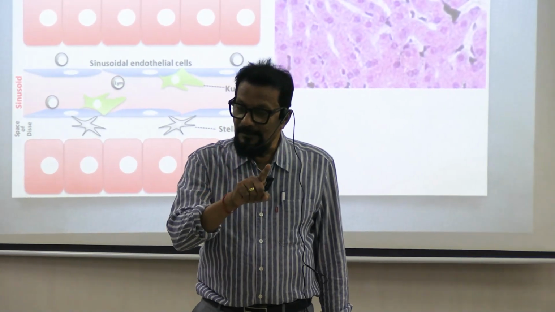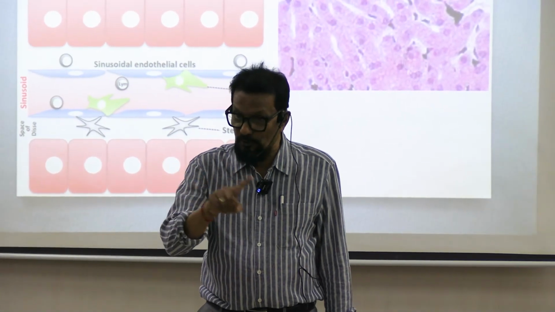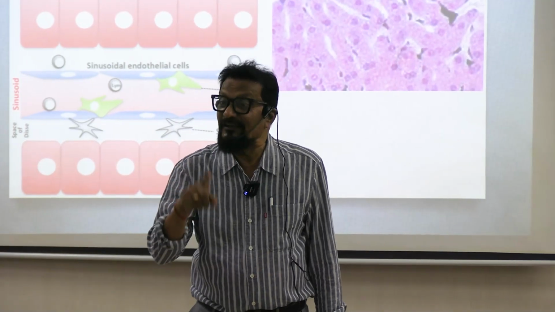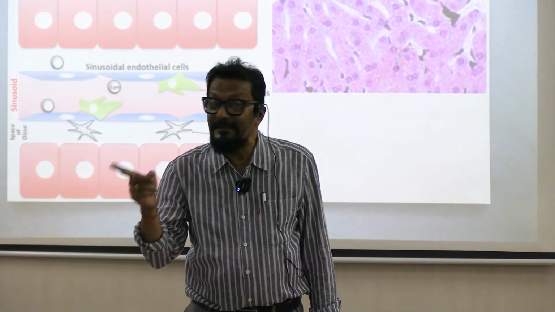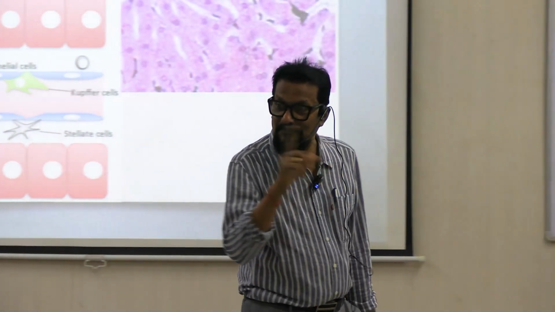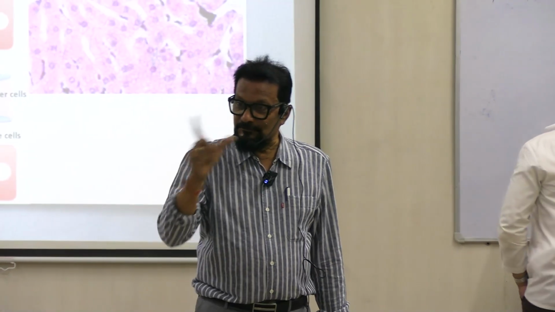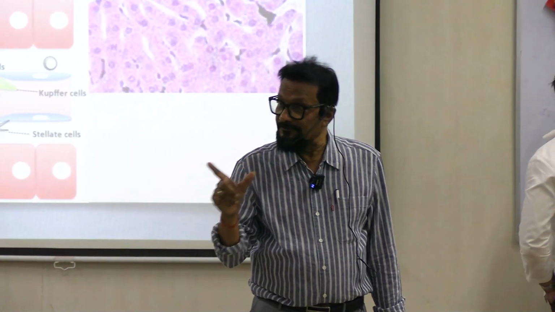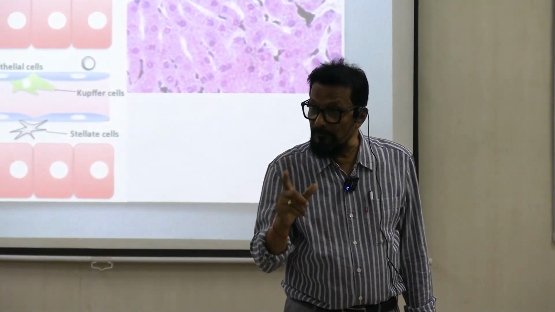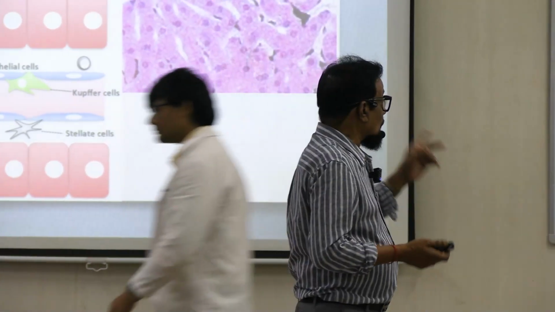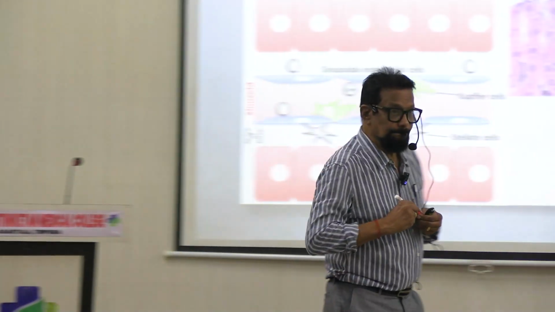We'll take up the heme, means post-processing of heme. Where will it take place? In the macrophage. Remember this. So it will enter into the macrophage and the macrophage will convert heme.